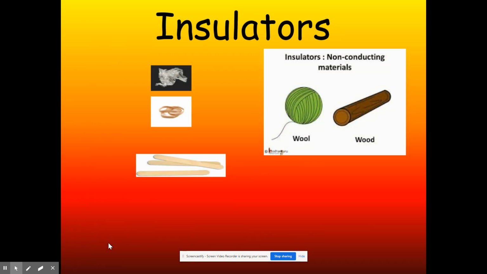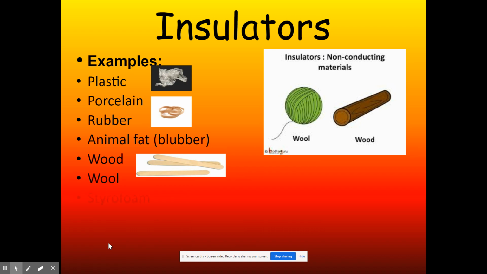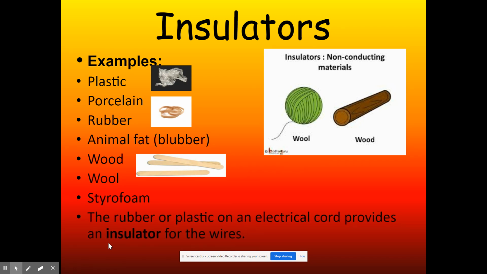So here is your list of insulators, non-conducting materials: any sort of plastic, porcelain, rubber, animal fats, wood, wool, styrofoam. Anything made of rubber or plastic material is going to be a good insulator.